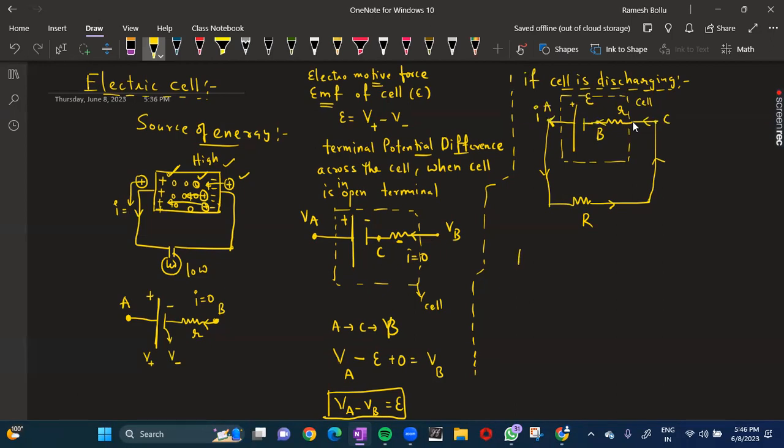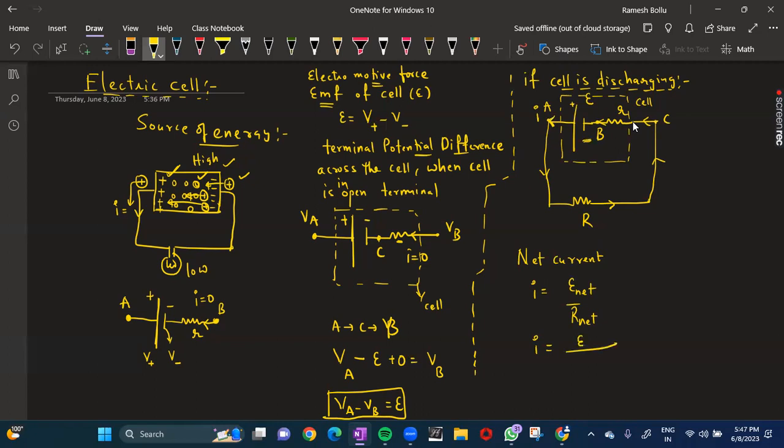Someone tell me, what is the total current flowing in the circuit? Who will tell the net current formula? Net EMF by net resistance. What is the net EMF? One and only one source is there, that is the cell only. So the net EMF is E, divided by net resistance.